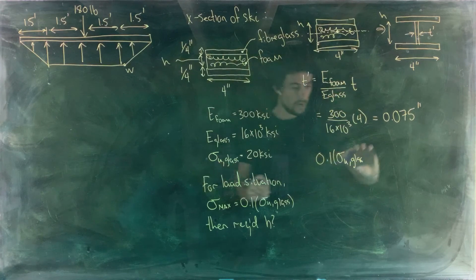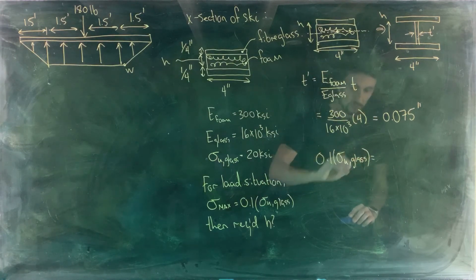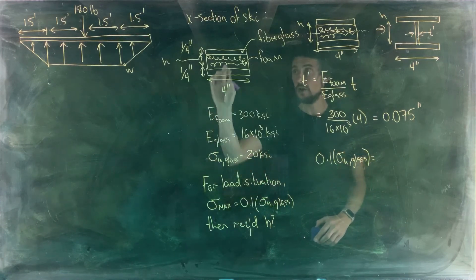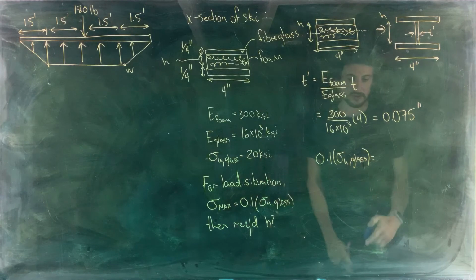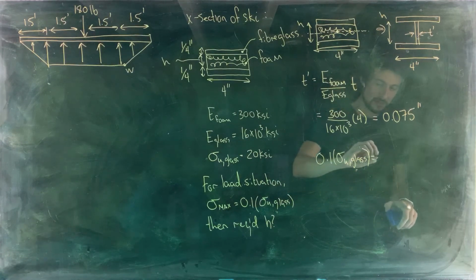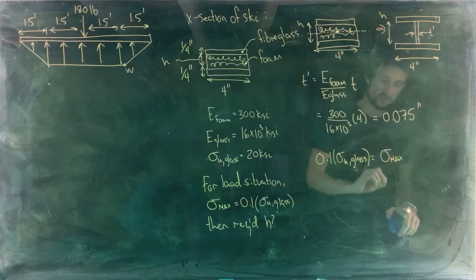That's the requirement that we have to meet. And then we want to set that equal to the maximum stress due to bending within the fiberglass. Let's just write that down again, the maximum stress.